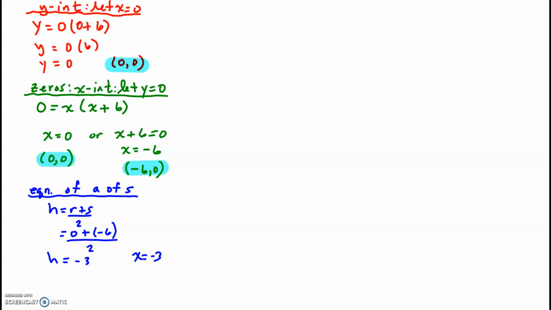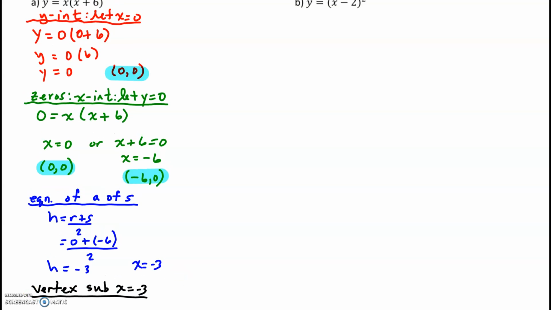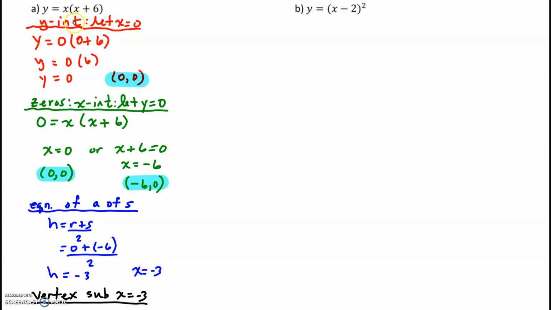Now we don't use that to help us graph, we use it to help us get our vertex. So we're going to find our vertex now. To find it, we're going to sub in x equals negative 3, because remember that's the x value of our vertex. So we'll sub that into our equation. Where y equals x times x plus 6, it'll now be y equals negative 3 times negative 3 plus 6.